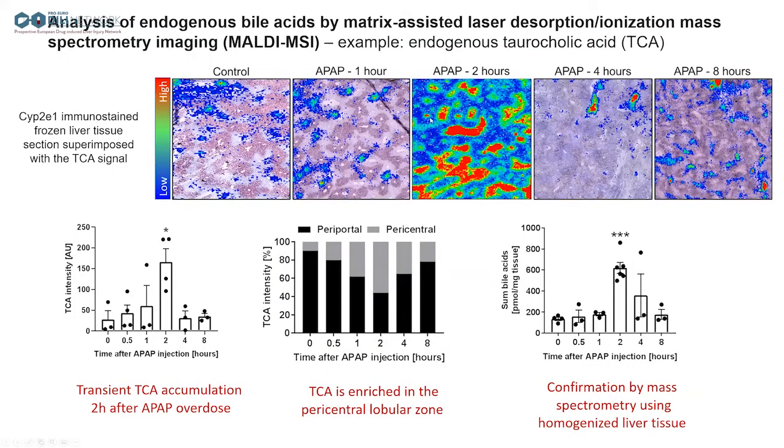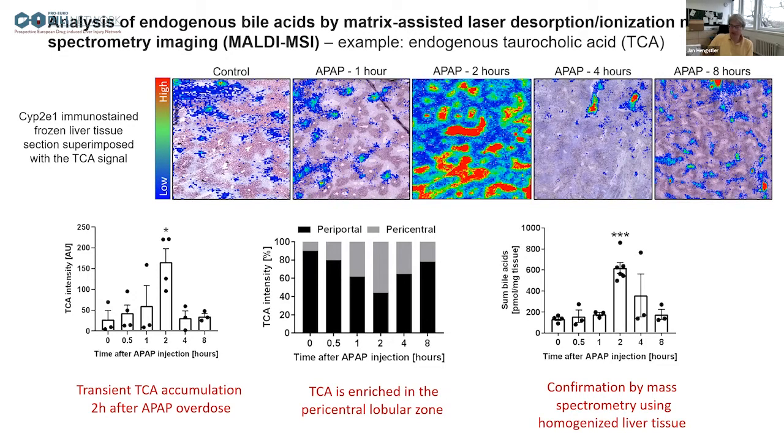An important further analysis is now the tissue bile acid concentration. And we did this by MALDI-MSI. So here, immunostained tissue is used, and this is a CYP2E1 immunostaining to indicate the pericentral regions of the liver lobule.